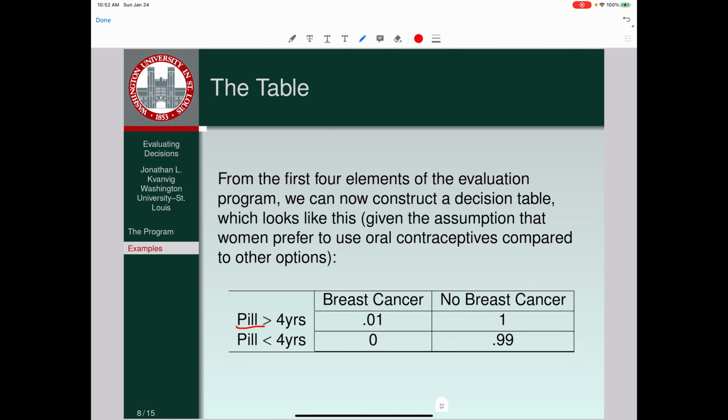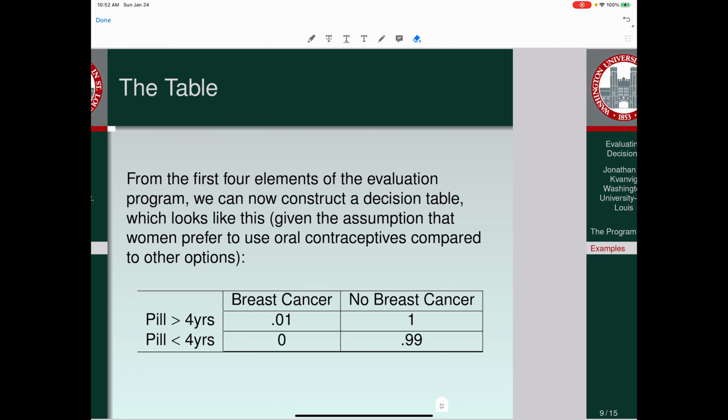Presumably, whether you take the pill or not, maybe there's some advantages of taking the pill, some disadvantages of taking the pill, but the difference between taking the pill and having to do something else instead is incredibly insignificant compared to whether you get breast cancer or not. So that's what our table reflects.